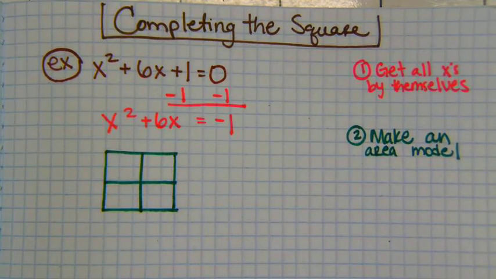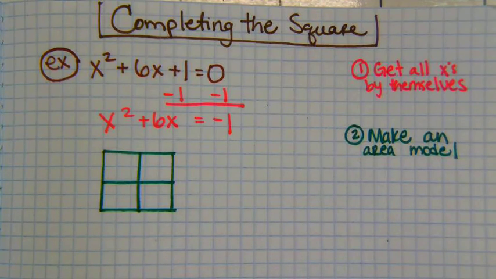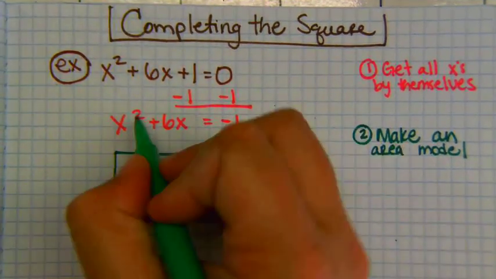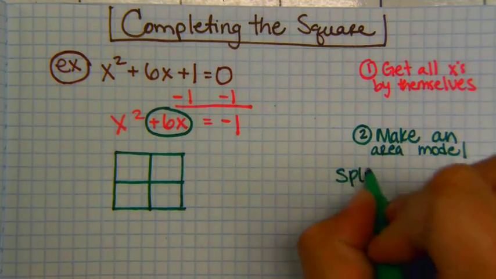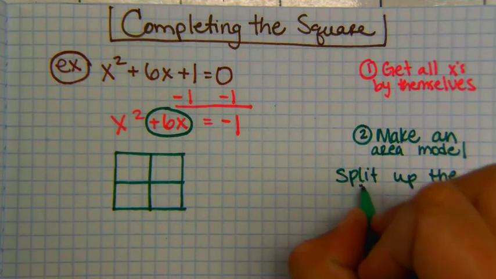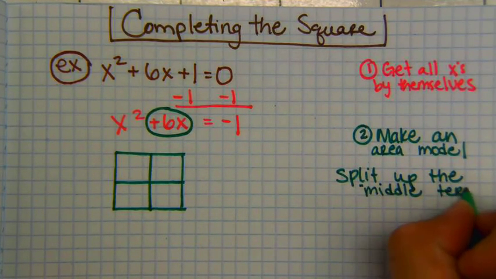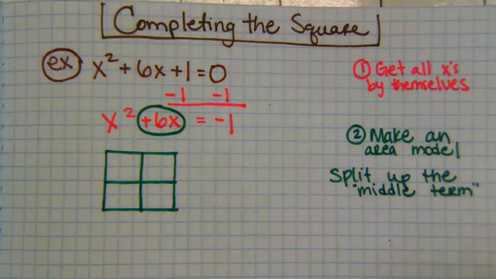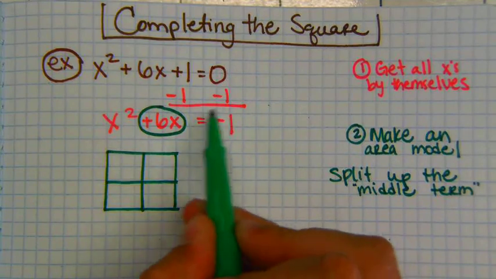So I made my area model, and inside that area model, you're going to split up the middle term, which now it's not the middle term, it's just this term. So you're going to split up the middle term, but again, it's not exactly the middle term anymore because we did get rid of that -1.